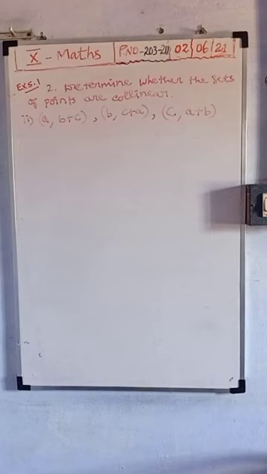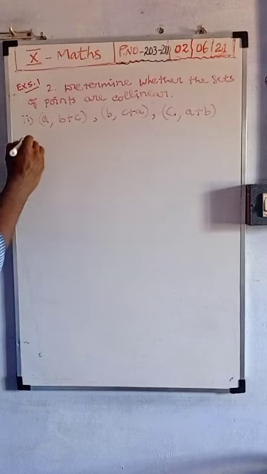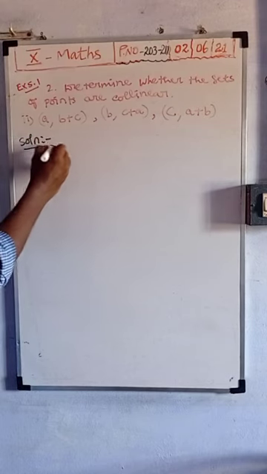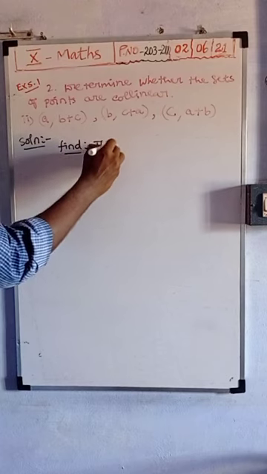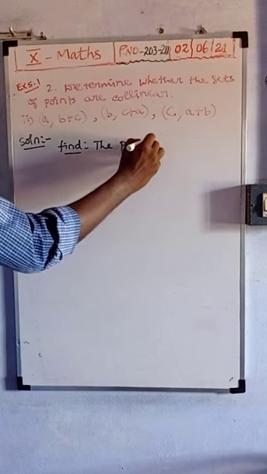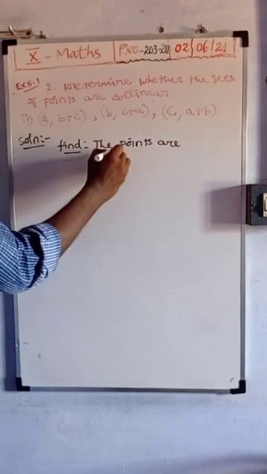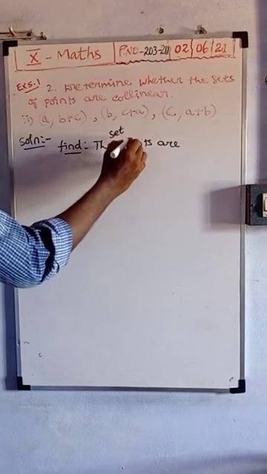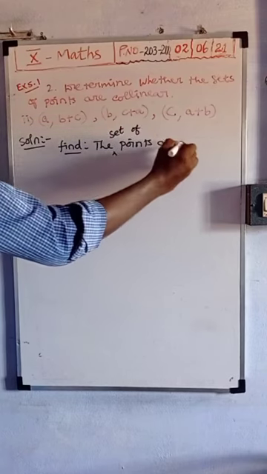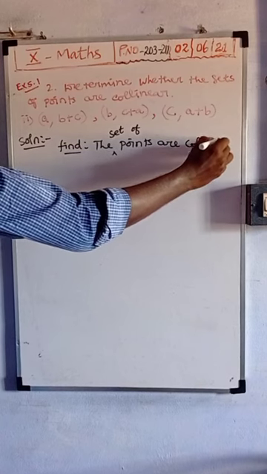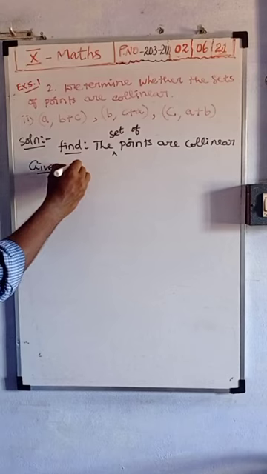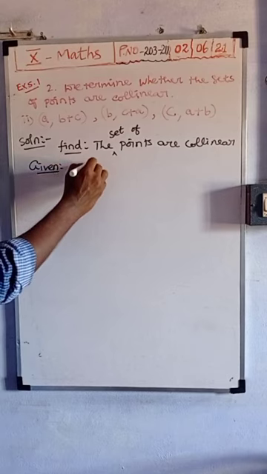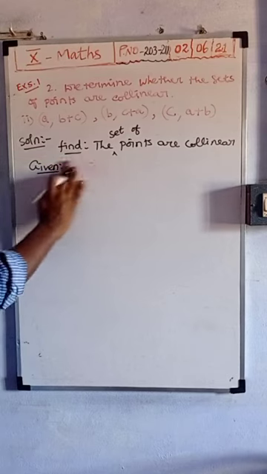Okay, so now see the solution. Find whether the set of points are collinear.